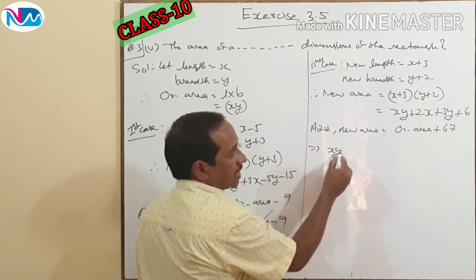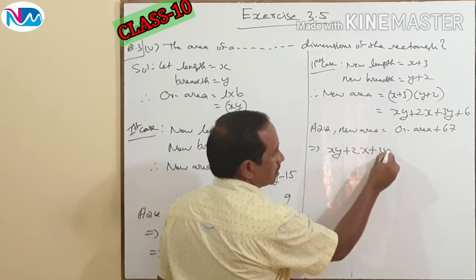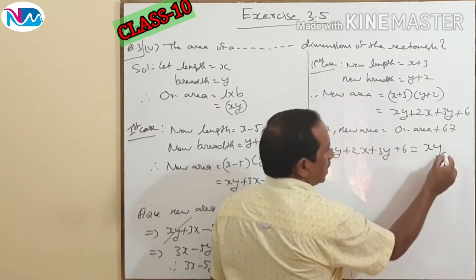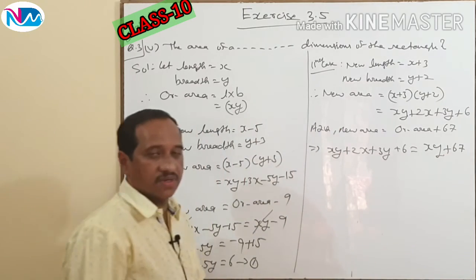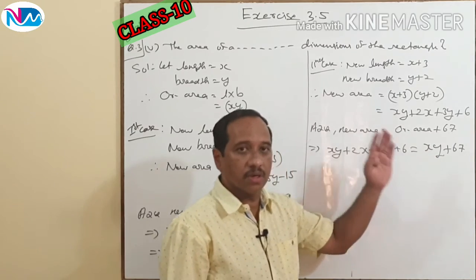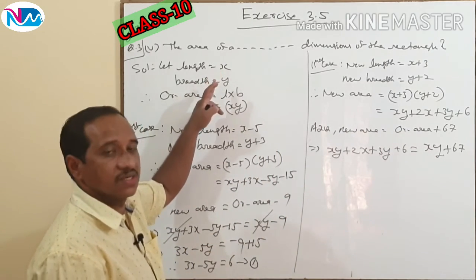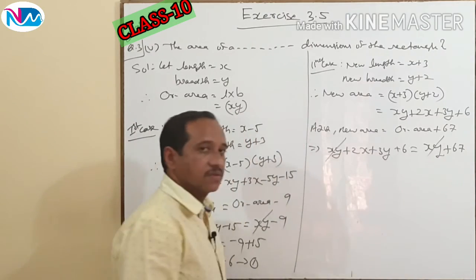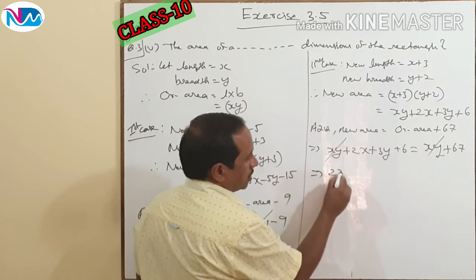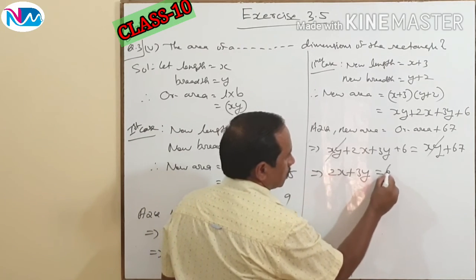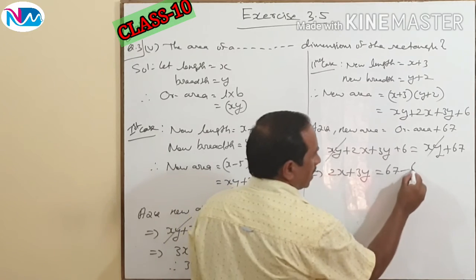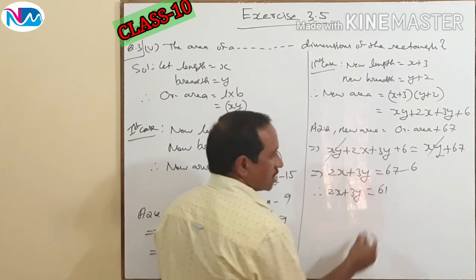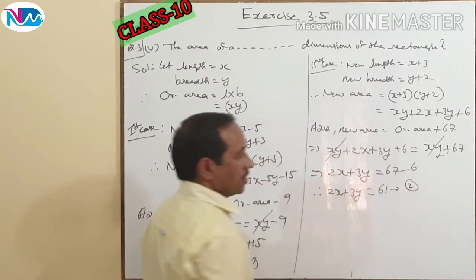That gives xy plus 2x plus 3y plus 6 is equal to the original area xy plus 67. The original area is xy because we consider the original length is x and the original breadth is y. Now cancelling xy from both sides, we get 2x plus 3y is equal to 67 minus 6. Therefore, 2x plus 3y is equal to 61, which is equation number 2.